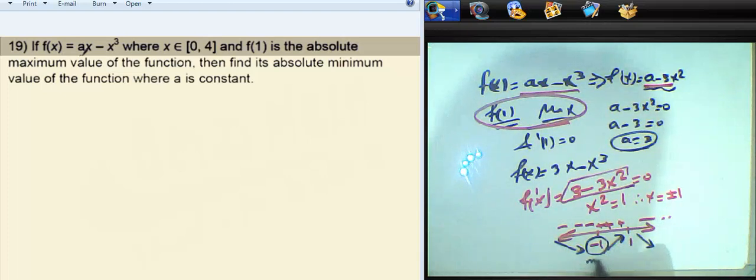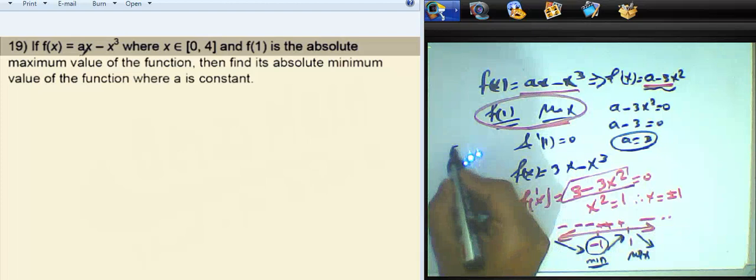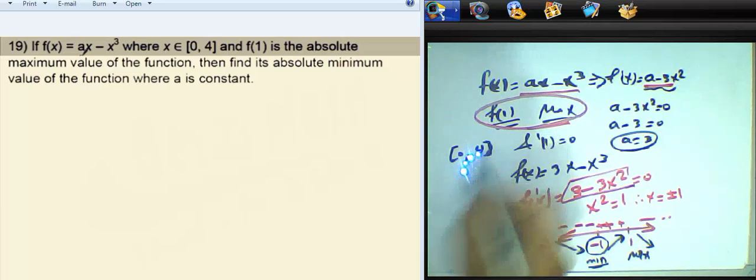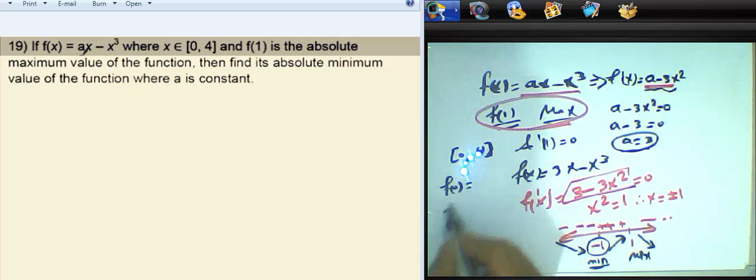Negative 1 is a local minimum, okay, and 1 is a maximum. So the minimum here will be at negative 1. But he gave us in the example the interval 0 and 4. We can find f of 0 and f of 4 and f of negative 1 and f of 1. He tells us f of 1 is the maximum.